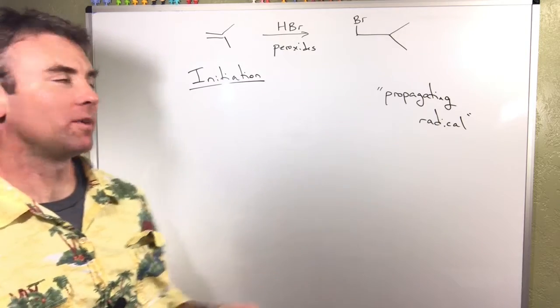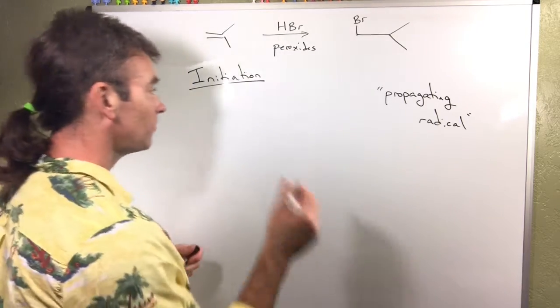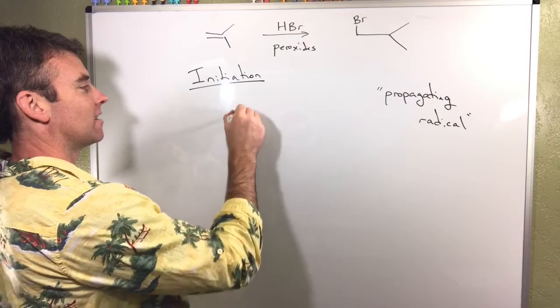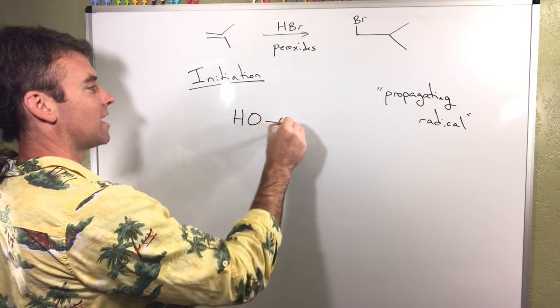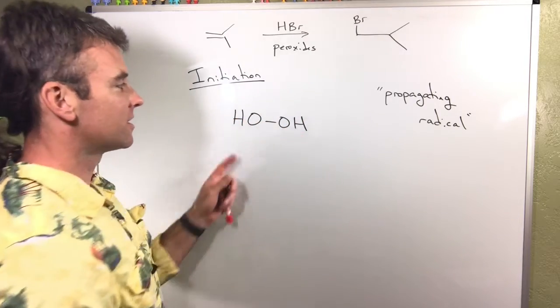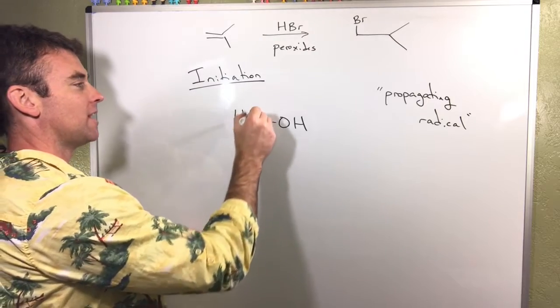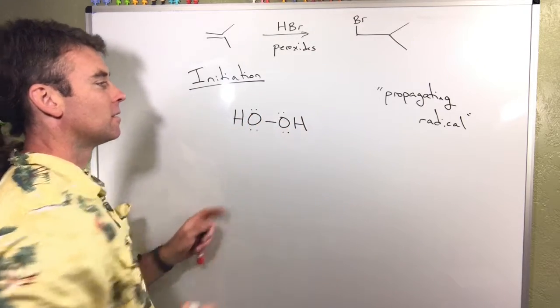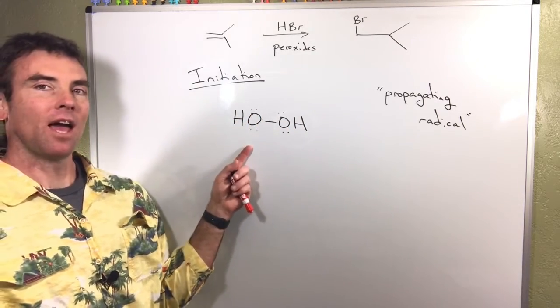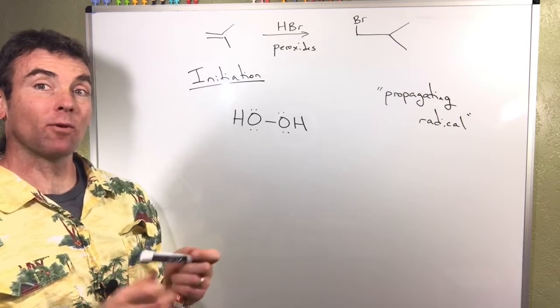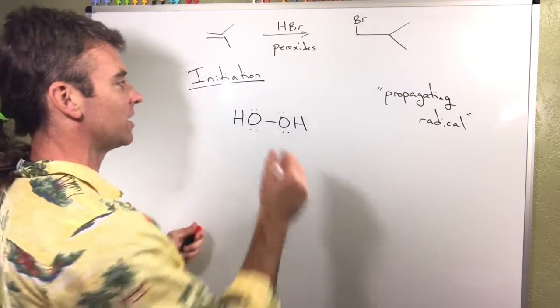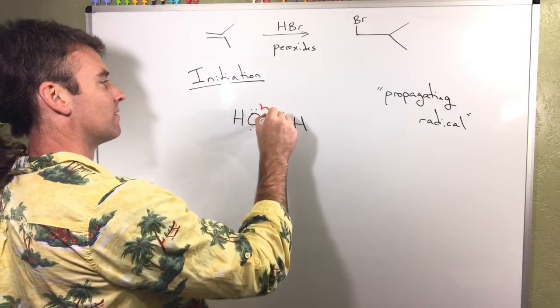So hold with me here and we'll see what happens. So in the case of the reaction with peroxides, we're going to start by drawing an abbreviated peroxide linkage here. And it turns out that hydrogen peroxide is really good at doing homolytic bond cleavages.